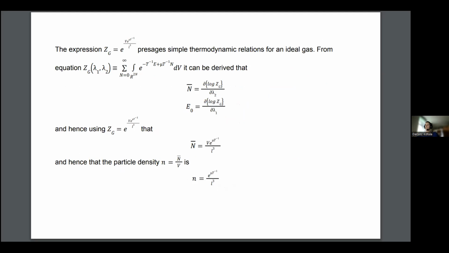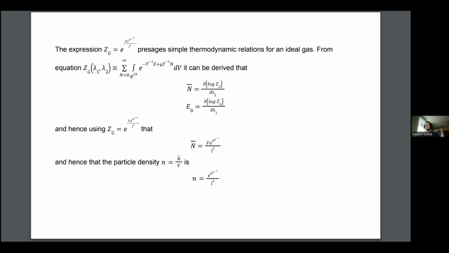The given expression presages simple thermodynamic relations for an ideal gas. From the next equation, it can be derived that the mean N equals the partial derivative of the logarithm of the partition function with respect to λ2, and E0 equals the partial derivative of the logarithm of the partition function with respect to λ1.